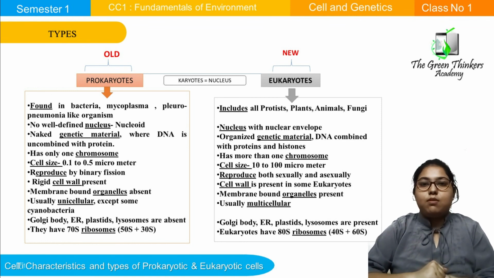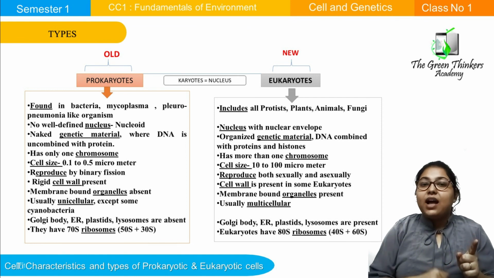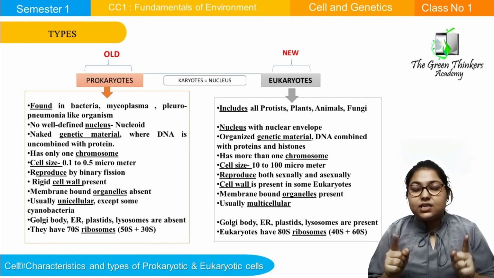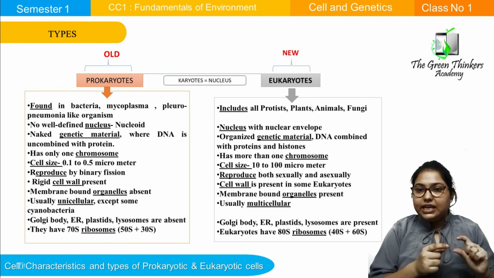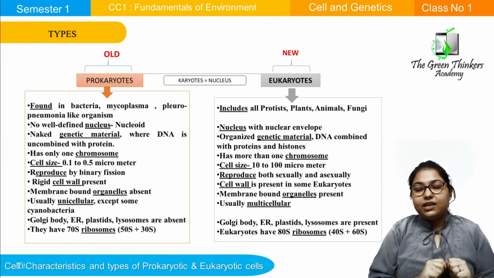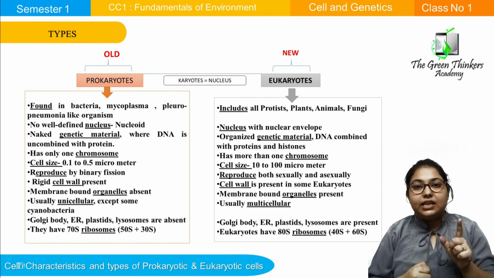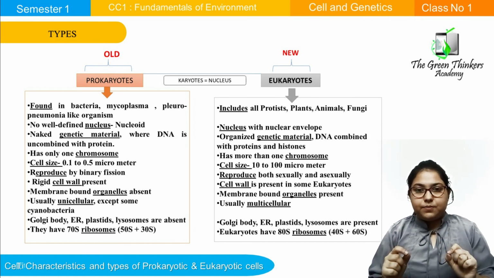So you need to remember that prokaryotes have 70S and eukaryotes have 80S. How is the 70S forming? With 50S plus 30S, which is 70S, not 80S. And in eukaryotes, it is 80S with 40S plus 60S.